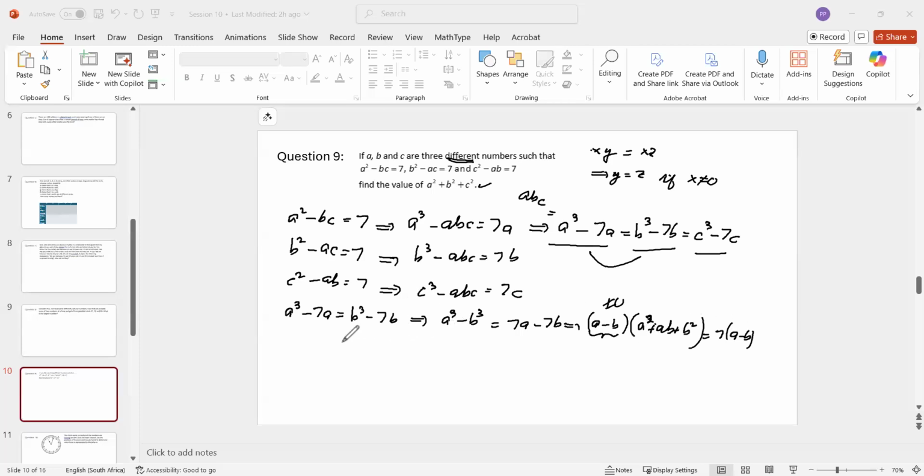Now I have a squared plus ab plus b squared is equal to 7. All right. So, oh, I see. Okay, now you got the a squared plus b squared. I want to find a squared plus b squared plus c squared. So this is 7 minus ab, right?